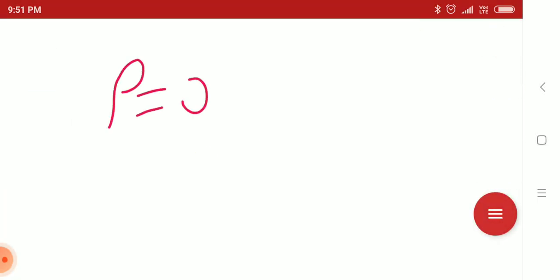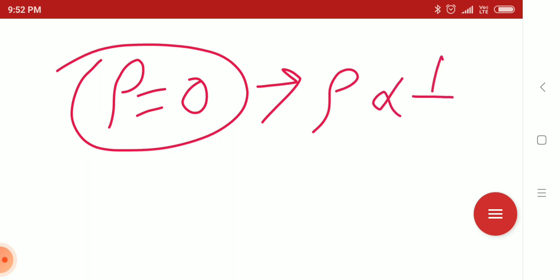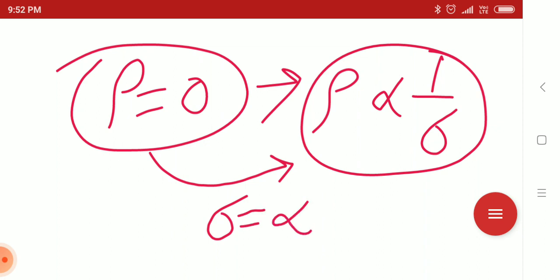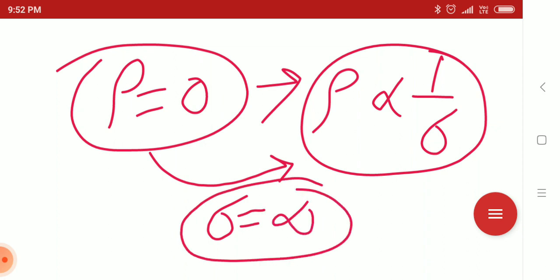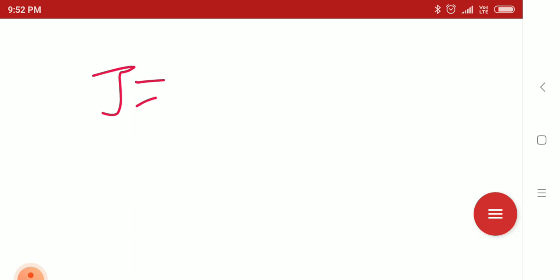Whenever resistivity becomes zero, we know that resistivity is inversely proportional to conductivity. That means whenever resistivity becomes zero, conductivity becomes infinite. We also know another relation of Ohm's law: J equals sigma times E vector.